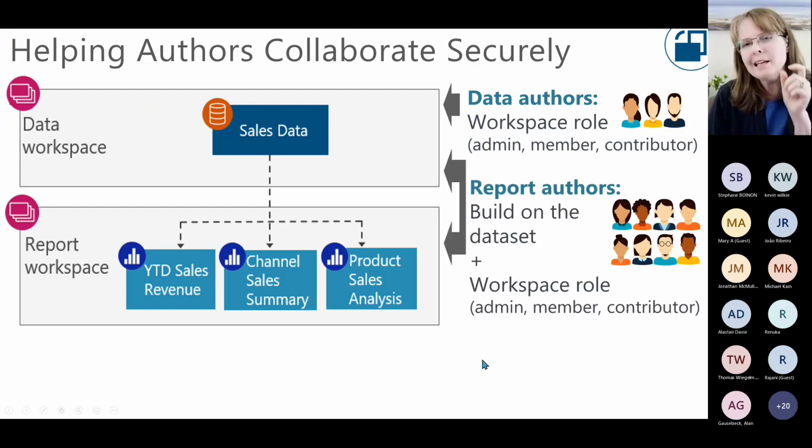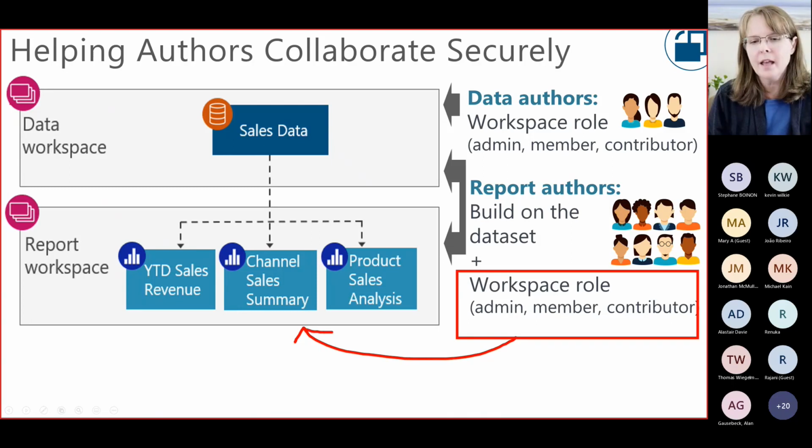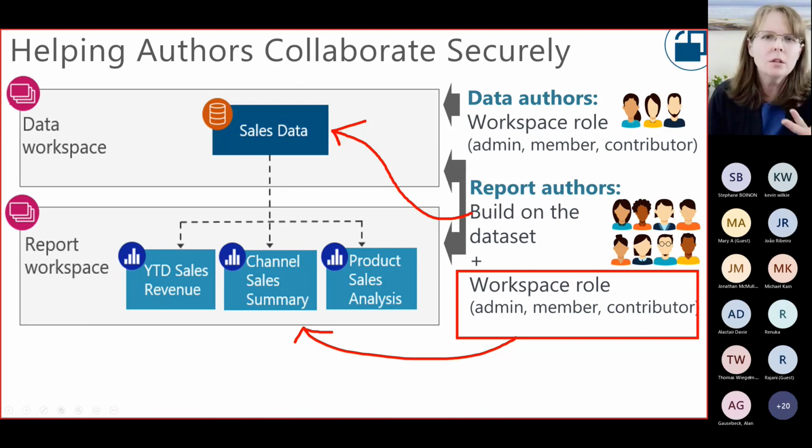The people that need to create reports would get their own workspace role, but instead down here. And then they would also get what we call the build permission on the original data set. Or the viewer role up on the data workspace as well, which implicitly grants build. That would be fine as well.